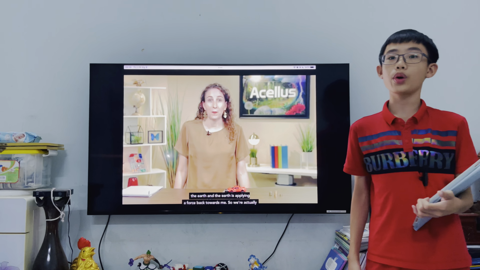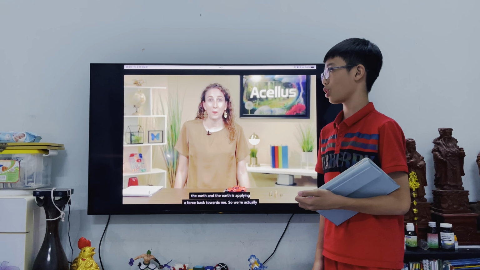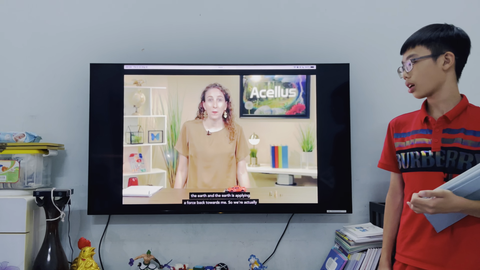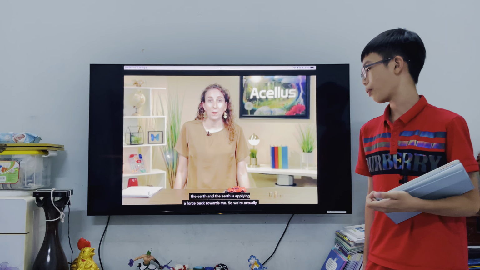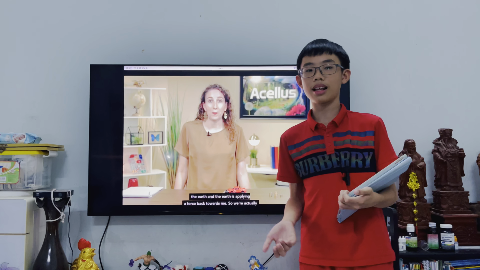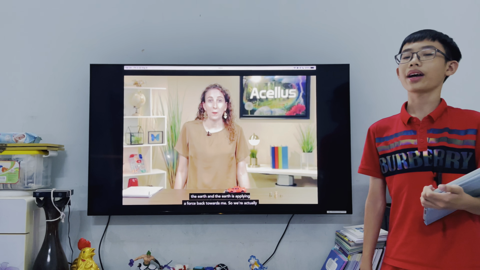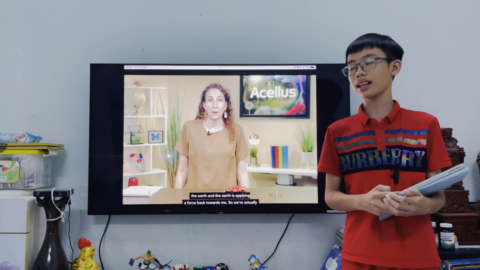And do you know why we can dance and jump? These things we can do because of the force by the earth and the force back towards me. So we are actually standing by gravity, and gravity is also a kind of force.